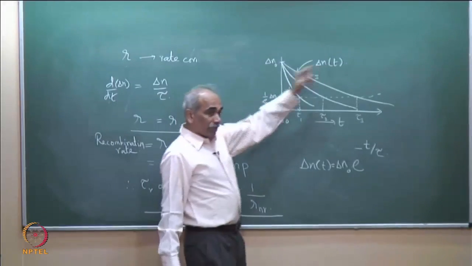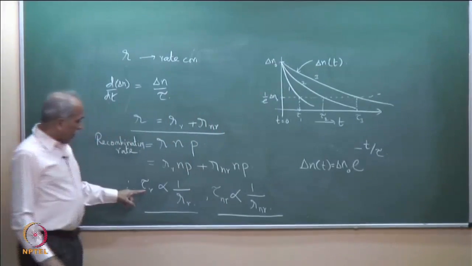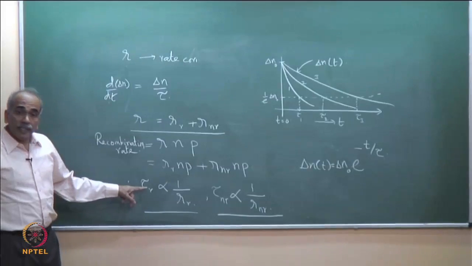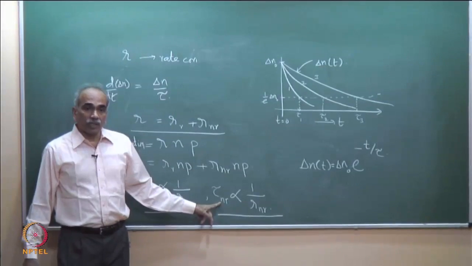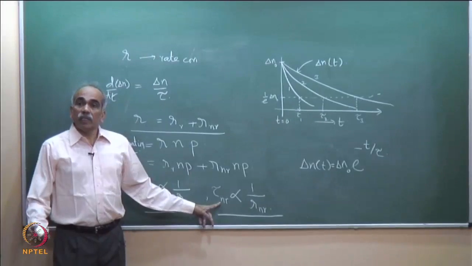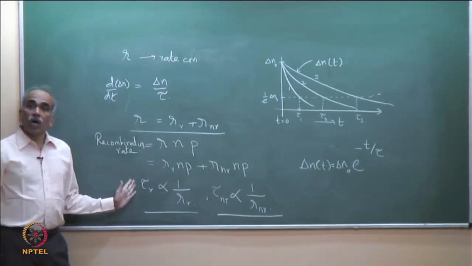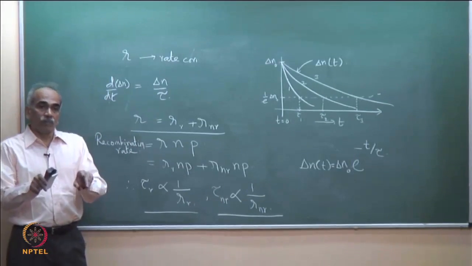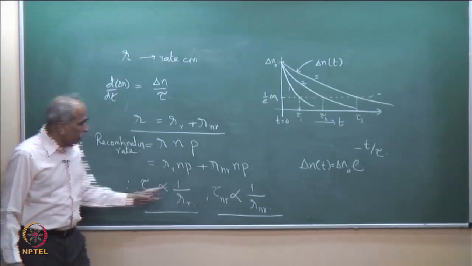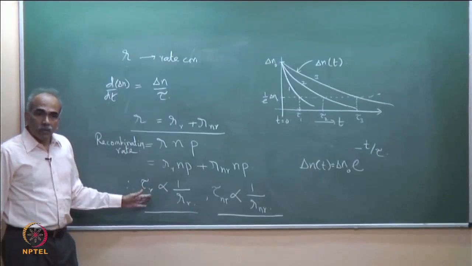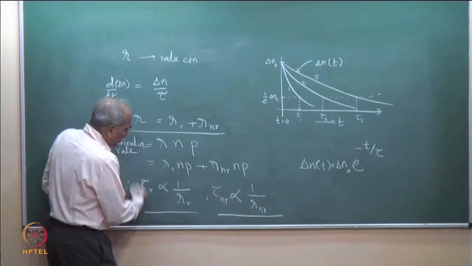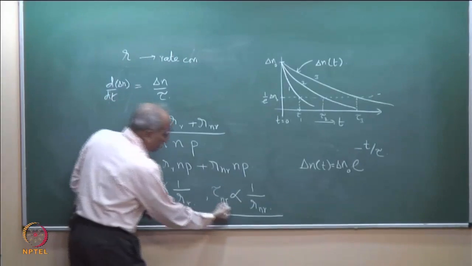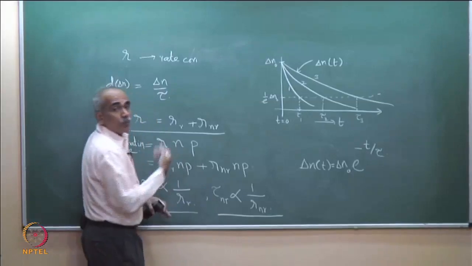This is important because now we have defined a radiative recombination lifetime and a non-radiative recombination lifetime. In certain materials, these two are indeed of the same order, and in certain materials they are very different, and you will see that the radiative lifetime is very large, but non-radiative lifetime is very small.